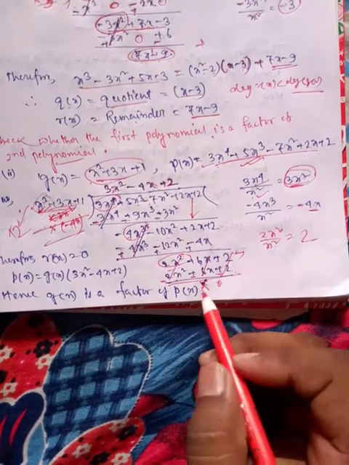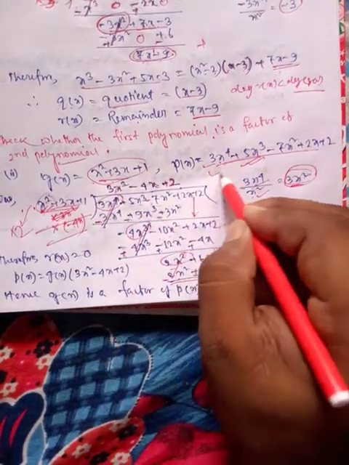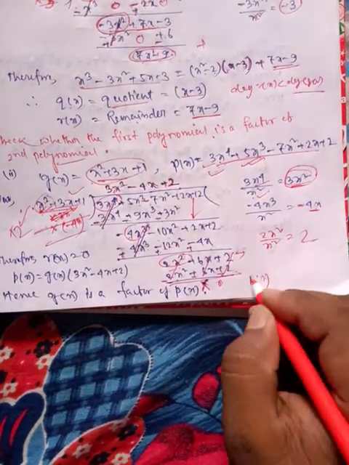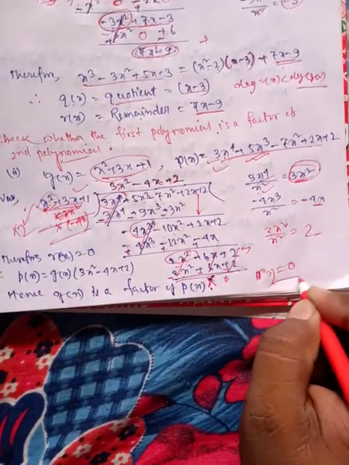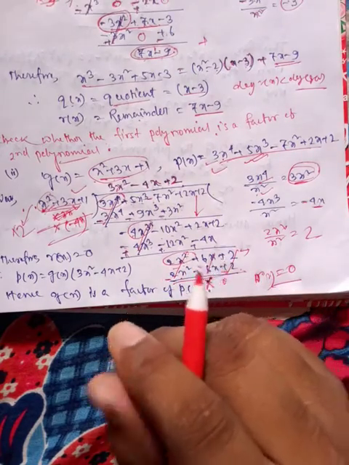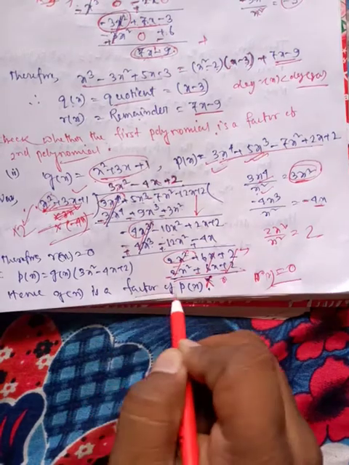So what we have seen is that when we divide px by gx, the remainder rx is 0. So from the division algorithm you can say that gx is a factor of px.